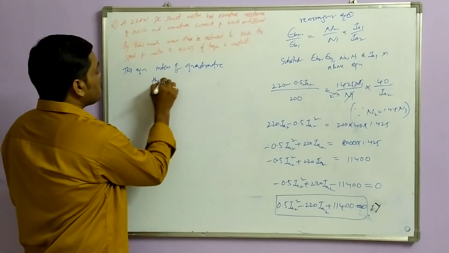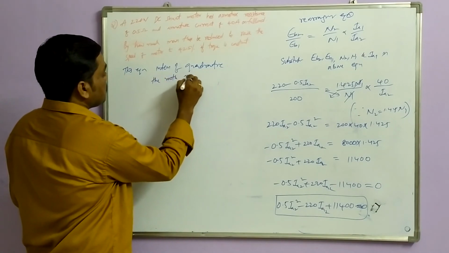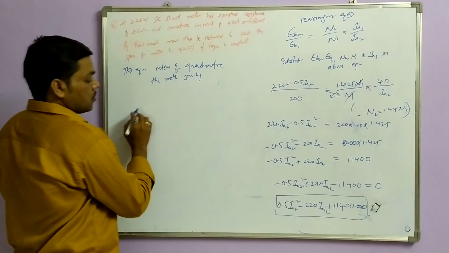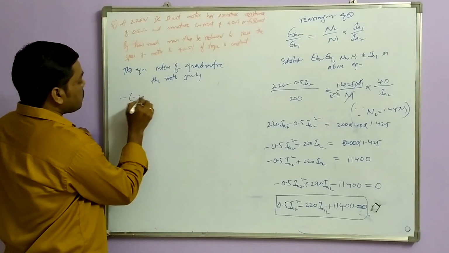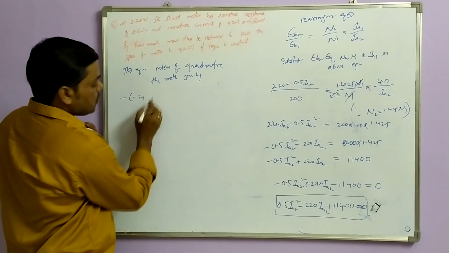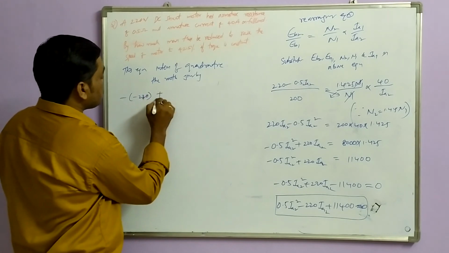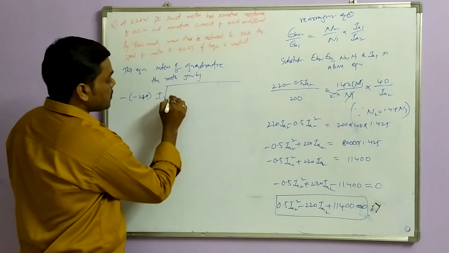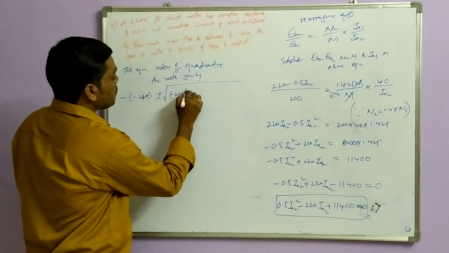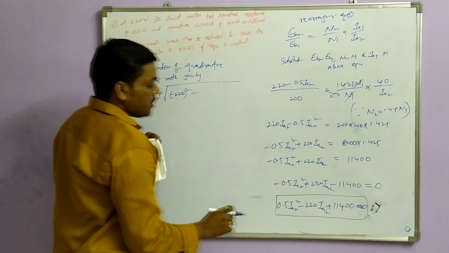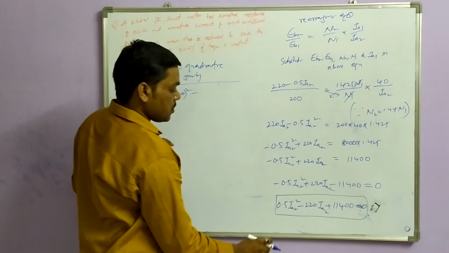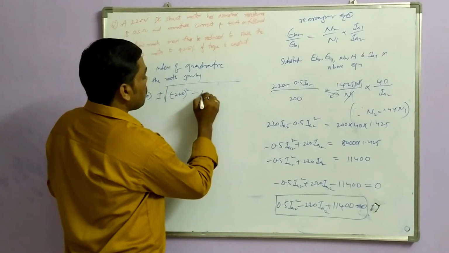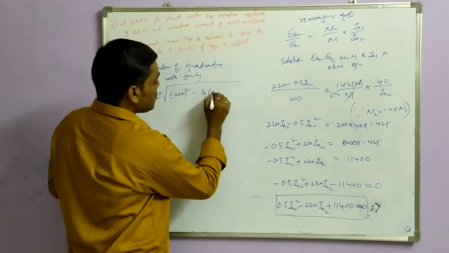So the roots are given by minus of minus 220, plus or minus the root of b square, that is minus 220 square, minus 4ac. What is a?